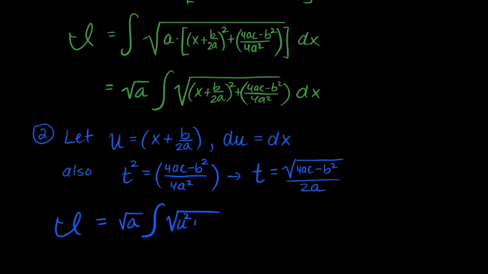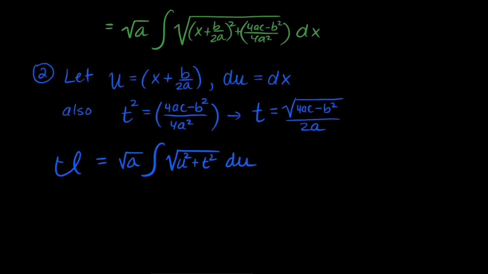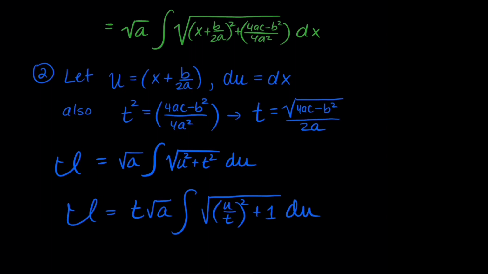So now we can write this integral as the square root of a, integral of the square root of u squared plus t squared du. We can then also factor out a t from the square root and rewrite the radicand of the integrand in a simpler way.